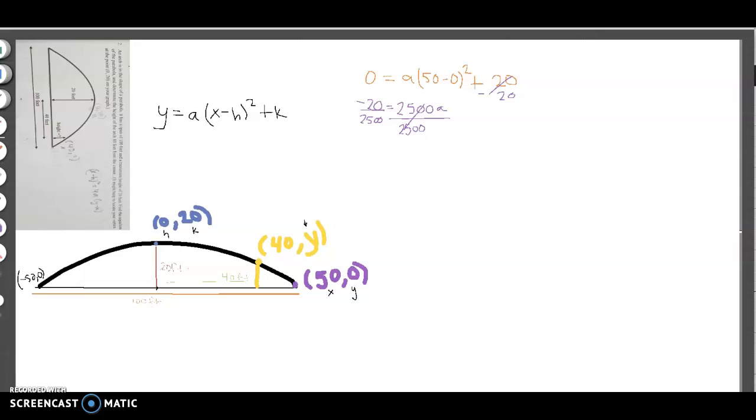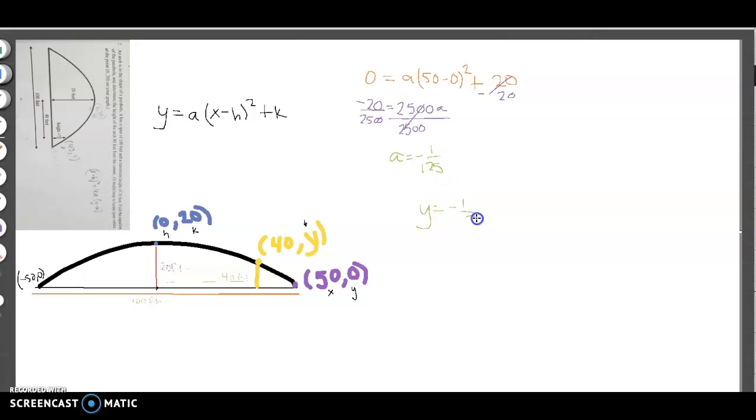So a was negative 1 over 125. Now for your equation, you're just going to have y equals, I don't know what form, it looks like right here you were trying to write it in the other form. You can just arrange your equation. I bet you'd probably be okay with that. If you need help with that, I can help you too.